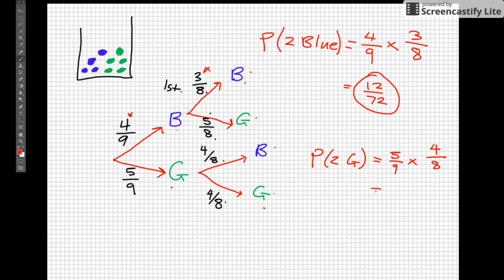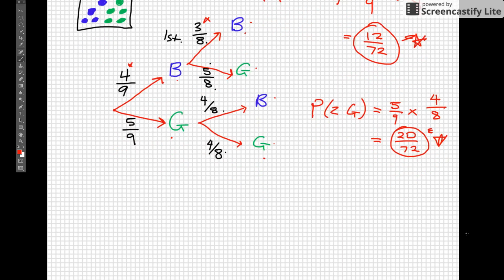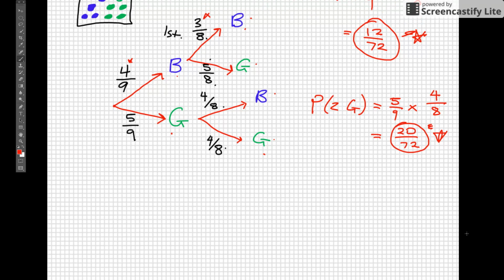And that gives us 5 times 4 is 20, over 9 times 8 is 72 again. So these are the individual probabilities of getting either 2 blue or 2 green. So the question is, what is the probability that we will get 2 marbles of the same color?